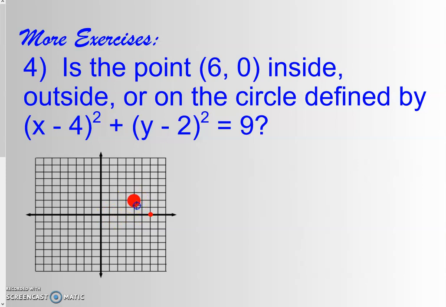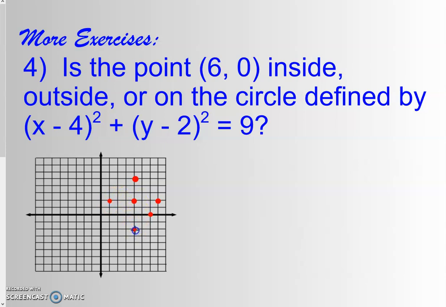Then you say, okay, if I draw this circle coming from this center here, and the radius is 3, so it goes out to that point, and that point, and that point. And the radius is 3, and it goes down to that point right there.